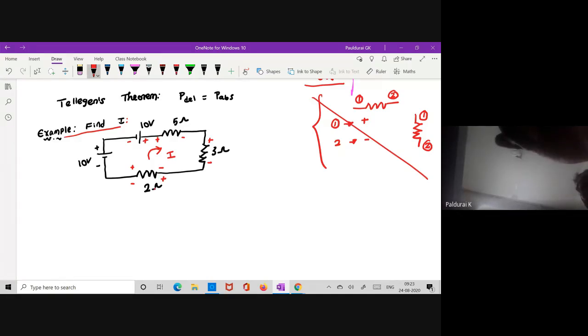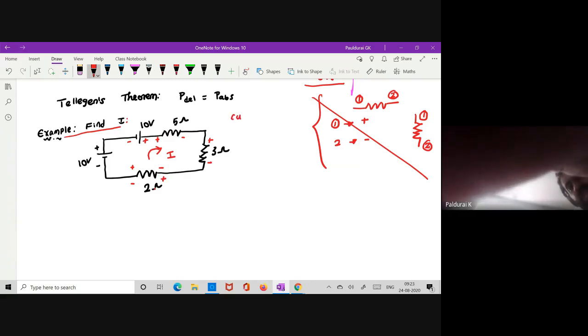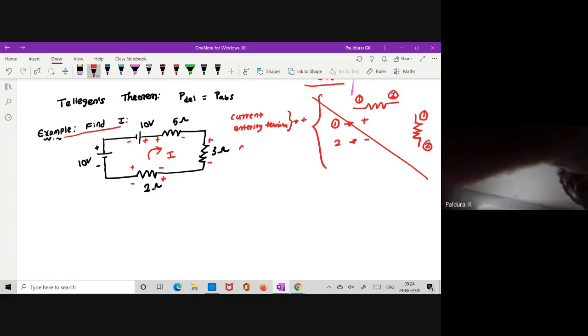The concept is always: take current entering terminal as positive and current leaving terminal as negative.